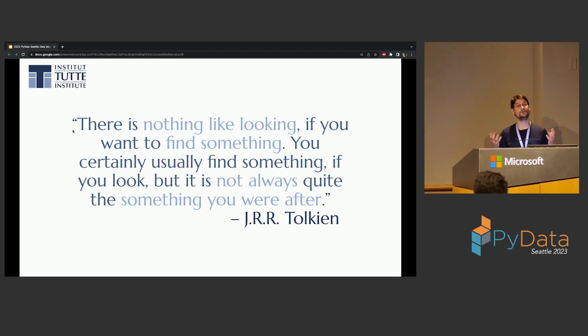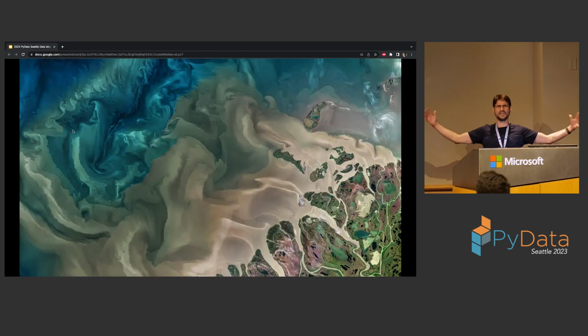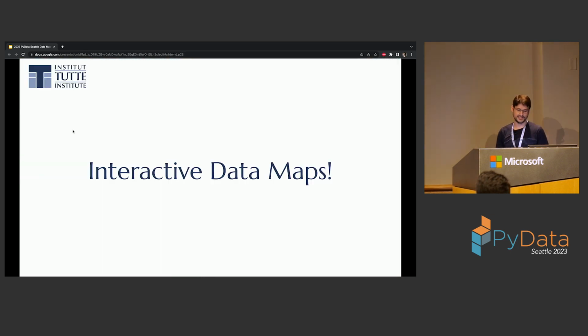And especially if you want to find things you didn't even know you were looking for, a visual representation is going to be the best way to do it. What we want is that big picture, 50,000 foot view of everything, so you can start from there and then work your way down to find the things that are of interest to you. And our solution to that is interactive data maps.